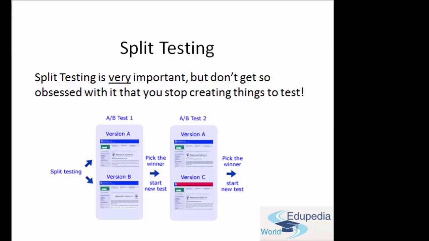Version A, version B. Let's just say version A wins. You move version A over, and then you create version C, and then version A and version C compete against one another. You get the winner, and you move that over and create another one. So you just continually keep moving to see which works better. And some of the things you can test are unbelievable. It might be a headline, it might be the color of a buy now button.